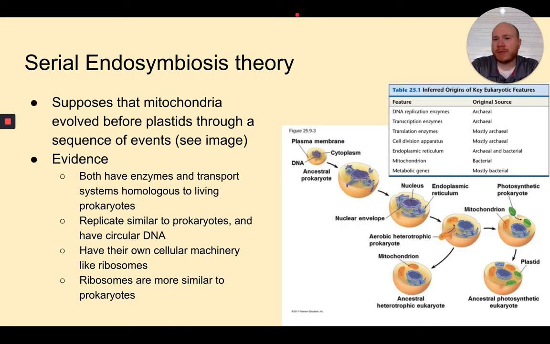So you can look at the sequence in the image before. And what happened, we think, is that a cell ate another cell, a smaller cell, and it did something that was beneficial. And so instead of eating that cell down to its parts and just using it for energy that way, it kept it around and used it instead for harnessing that energy, whether it be photosynthesis or cellular respiration, which are both really nice to have if you're a cell, because now you can make your own oxygen and sugar.